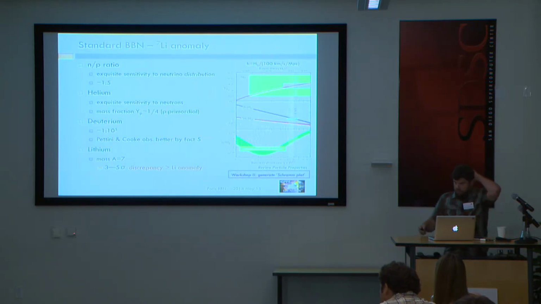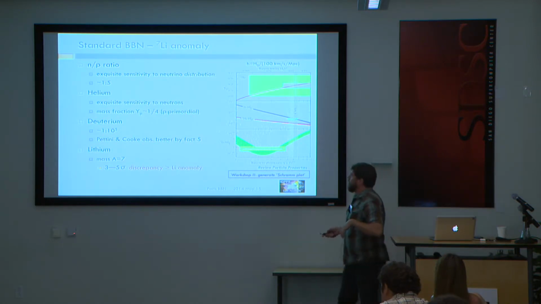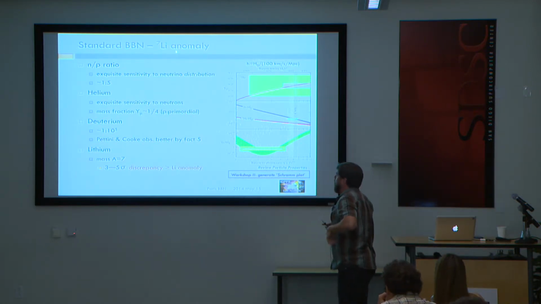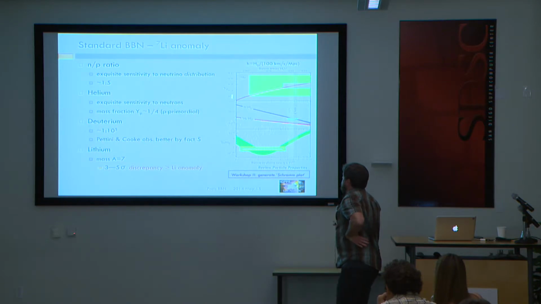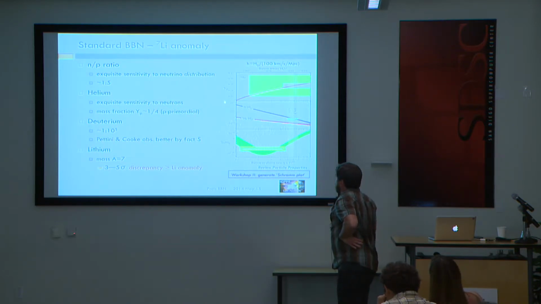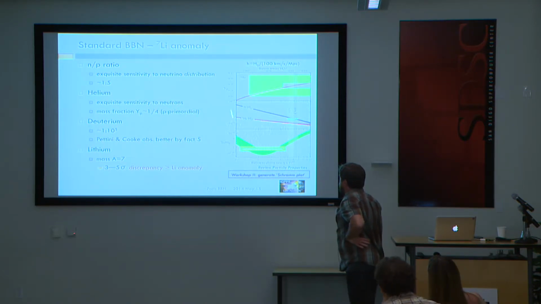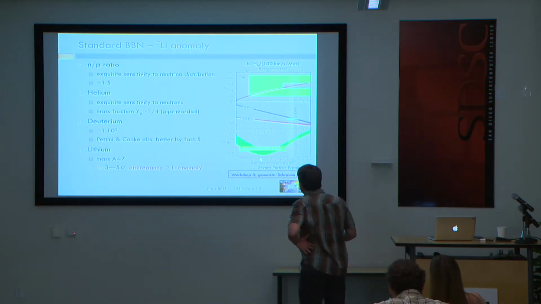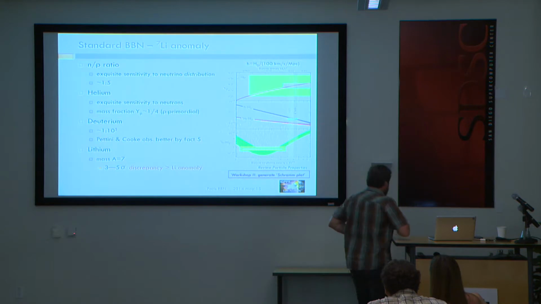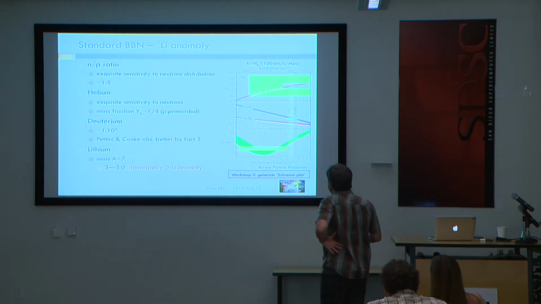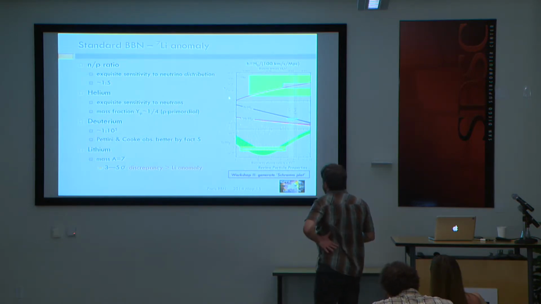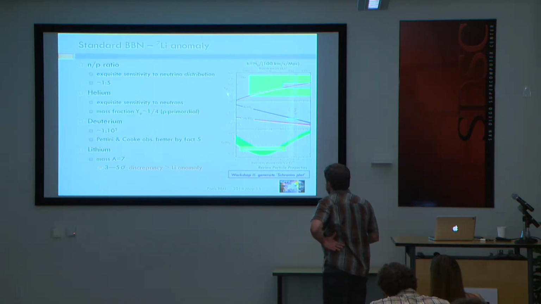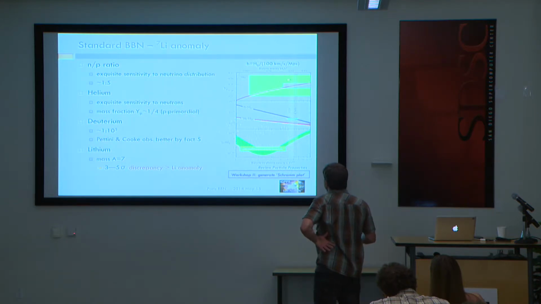Okay, so let's talk about the lithium anomaly. In the figure, I've stolen this from the Review of Particle Properties, probably familiar to you. Apologize that it's not rendering nice. It looks really nice on my screen. In the top panel is the primordial mass abundance relative to hydrogen of helium-4.